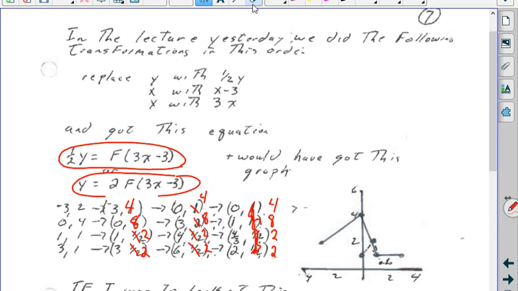We move it, and then we stretched it. So we have the point 0, 4. We have the point 1, 8. We have the point 4/3, 2, about right here. And we have the point 2, 2.